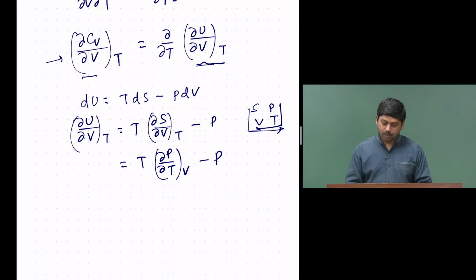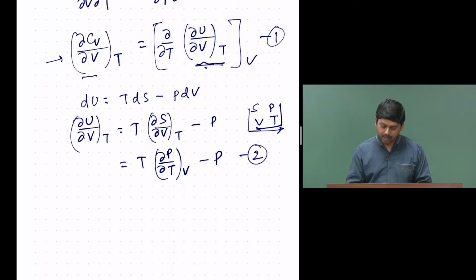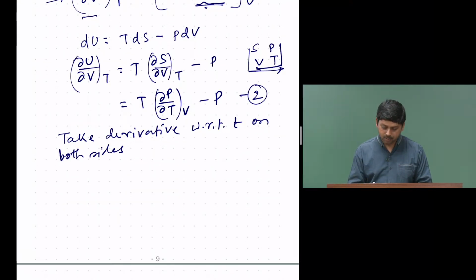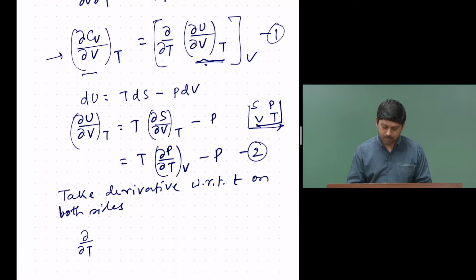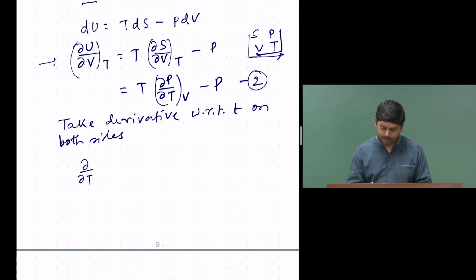So, this is the relation we get for this particular thing, and we have to do this at a constant V. Let us call that equation 1 and that equation 2, and then take the derivative with respect to T on both sides.